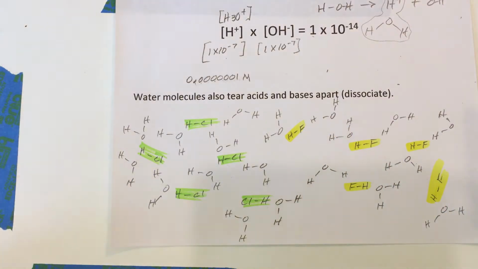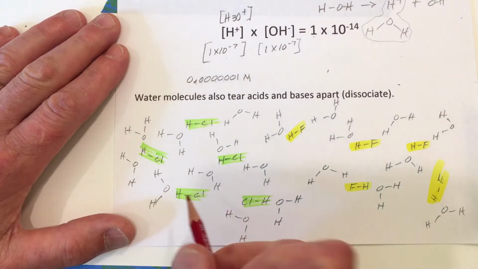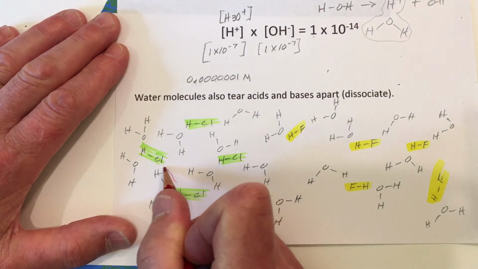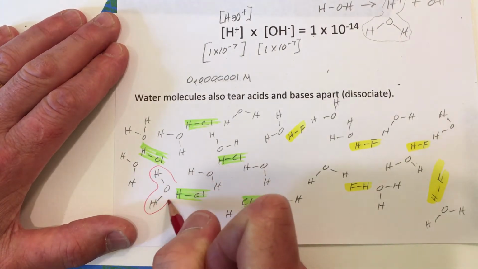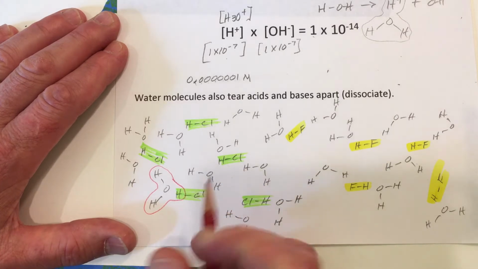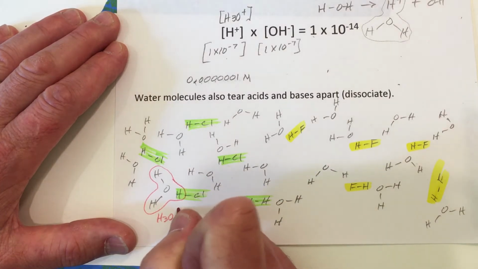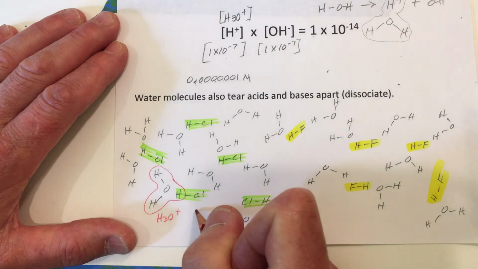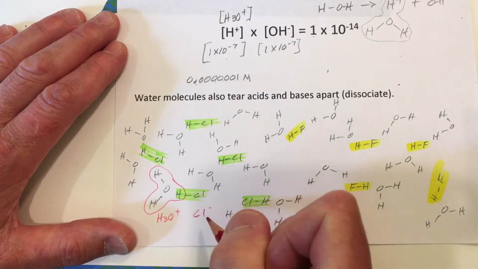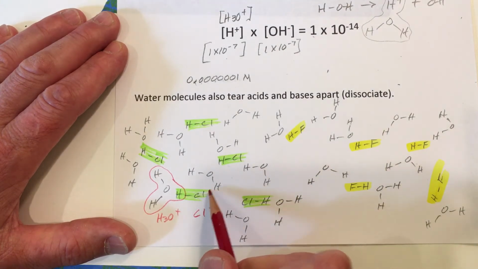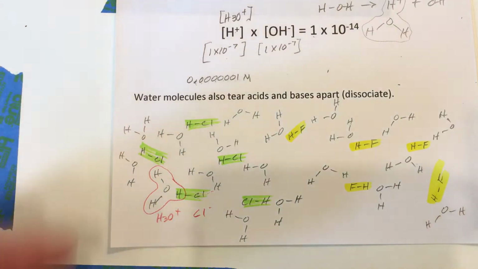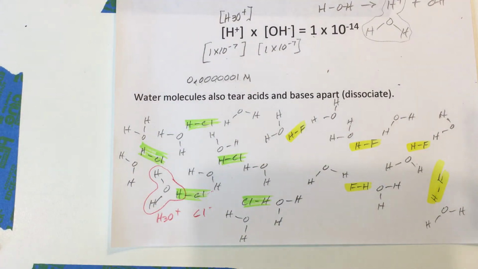So we might get something that looks like this. Here, this water molecule will grab onto that hydrogen, making H3O+. And what's left behind? The Cl-. Now the Cl minus could be attached over here to that water. That does happen. The chloride ions are surrounded by water, but we just write it as Cl minus.